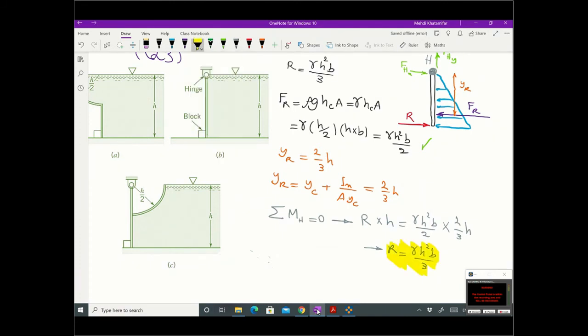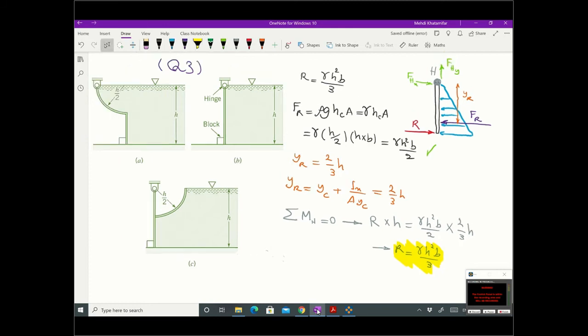Okay. Now we have the magnitude of R in terms of the parameters we need. Now let's go for part A, the drawing A, and find the force the block applies here, then convert it in terms of R, because all the calculation is going to be in terms of gamma h squared and b.